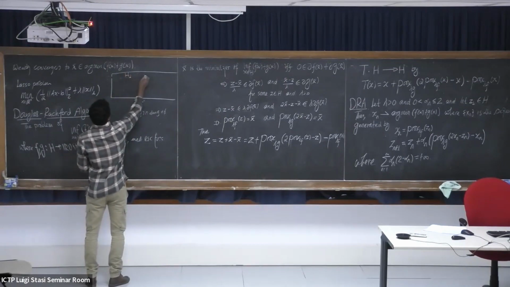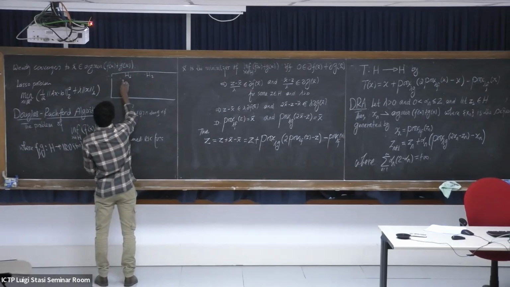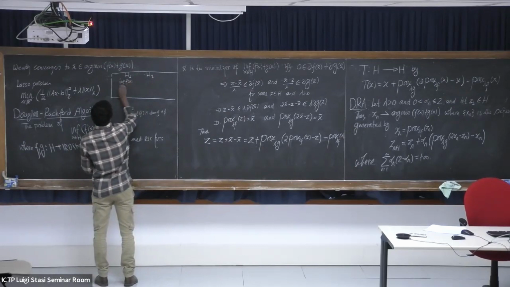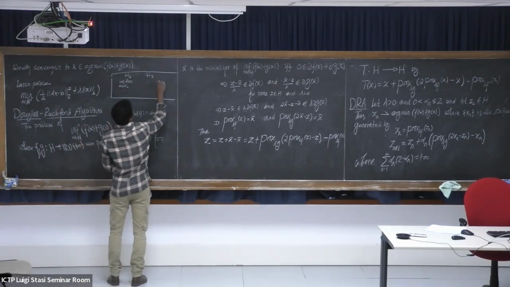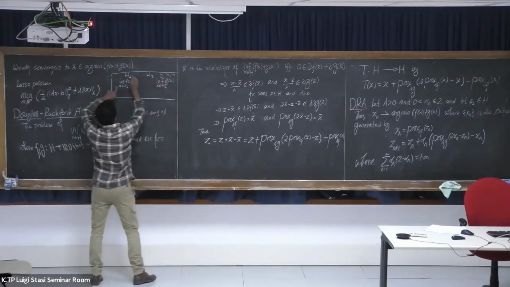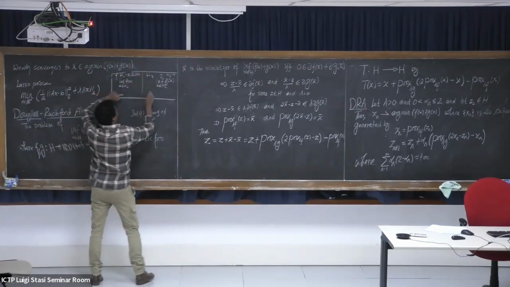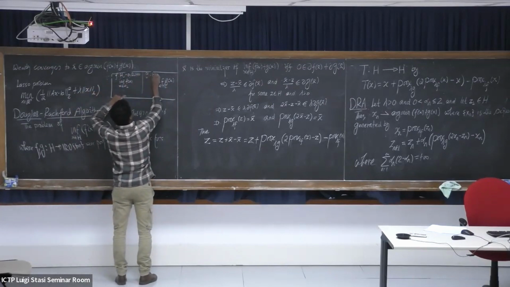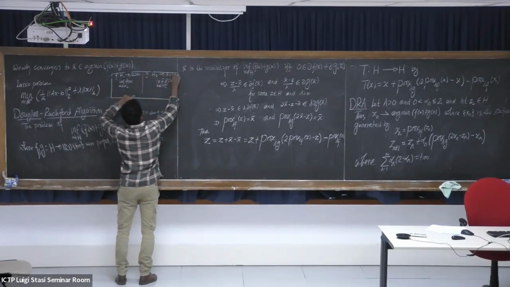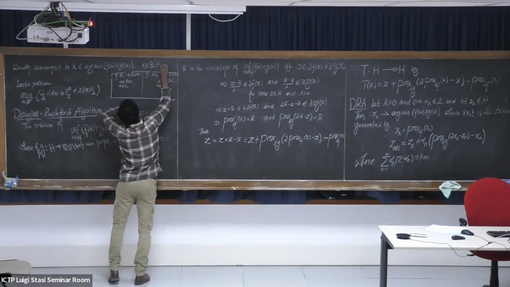If H1, H2 are two real Hilbert spaces, F is from H1, G is from H2 to R, and we have a bounded linear operator A from H1 to H2.